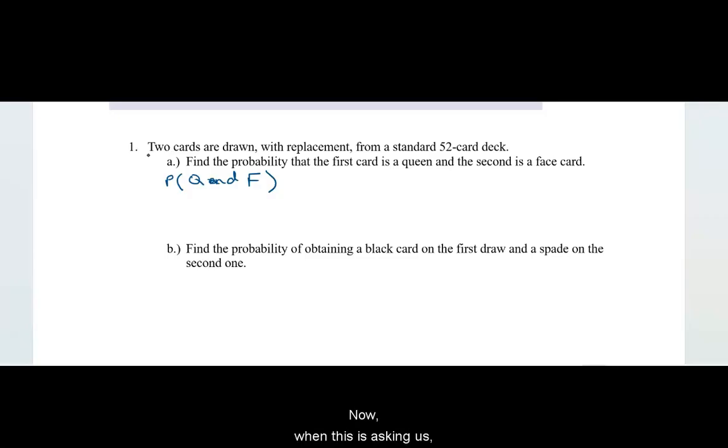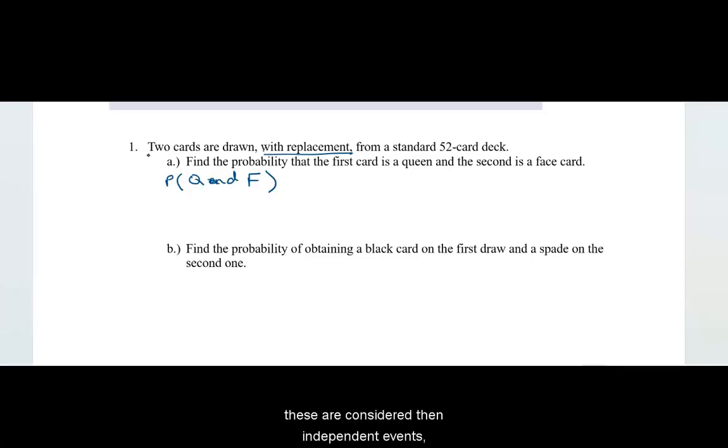Now, let's first decide: is this independent or dependent events? Well, the key word is right here: with replacement. That means after I draw the first card, I'm going to put it back, so I still have 52 cards when I draw the second card.